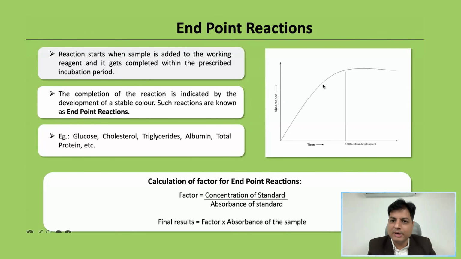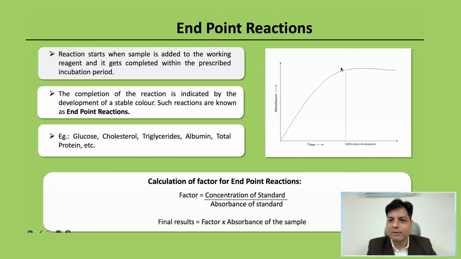If you look at this particular graph, on the x-axis we have plotted the time, and on the y-axis we have plotted the absorbance. So 0 point is the point when the sample is added to the reagent and the reaction is initiated. When the reaction is initiated, obviously the color formation is initiated.